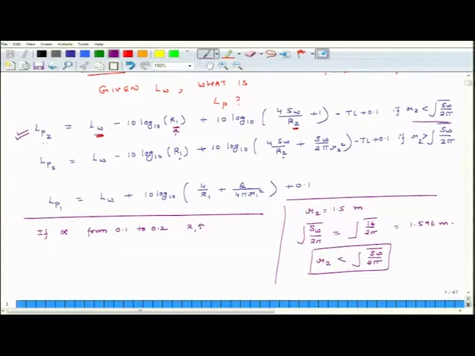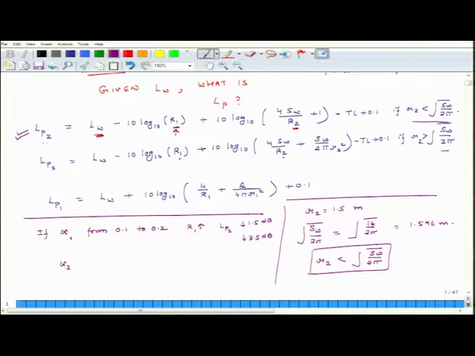R1 will go up, right, and as R1 goes up, if you keep everything else the same, LP2 will go down by 1.5 dB if you are using the first equation, and it will go down by 3.5 dB if you are using the second equation. So, if you double the sound absorption coefficient, your LP2 will reduce by 1.5 or 3.5 decibels based on how far you are from the wall.